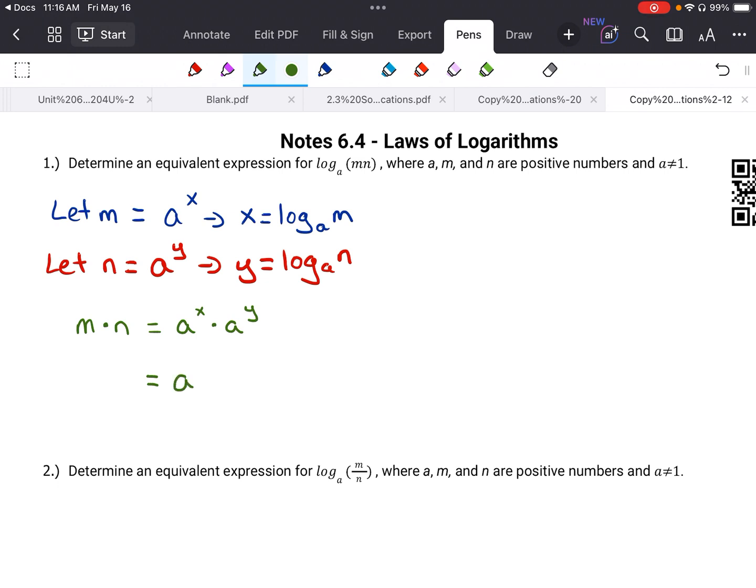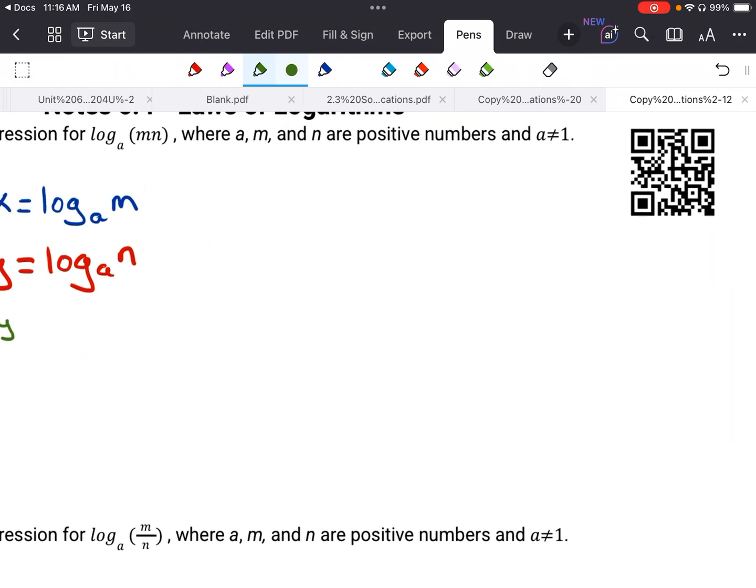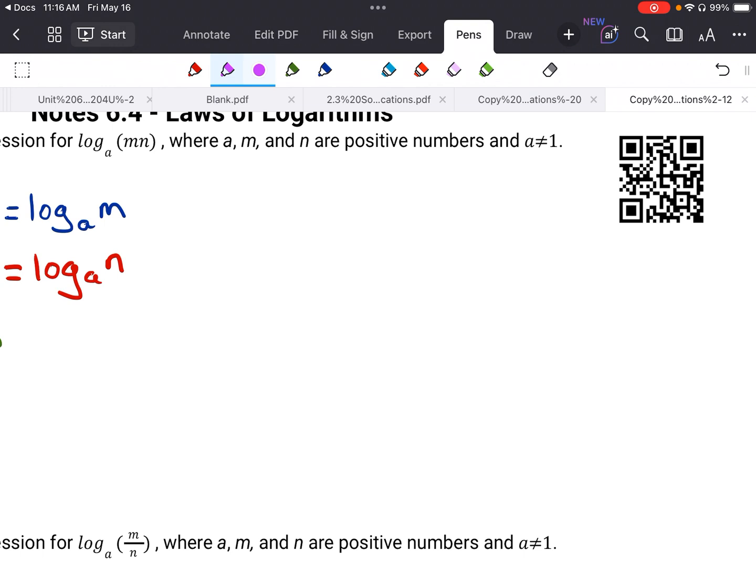So a to the power x plus y. Now let's look at the equation that we've been given. So log base a of m times n will be equal to log base a of a to the power x plus y.